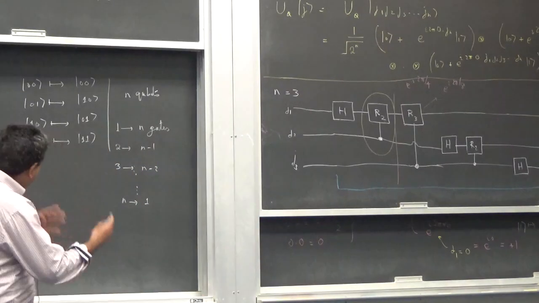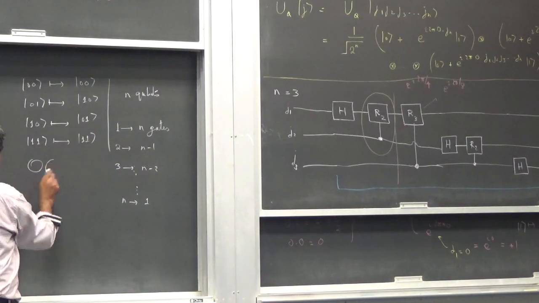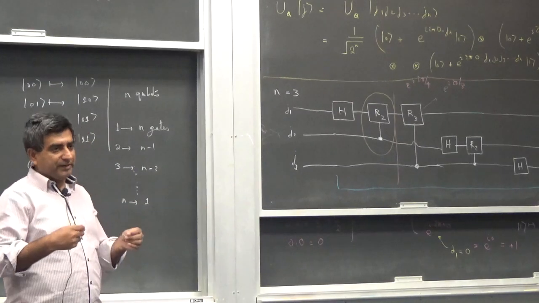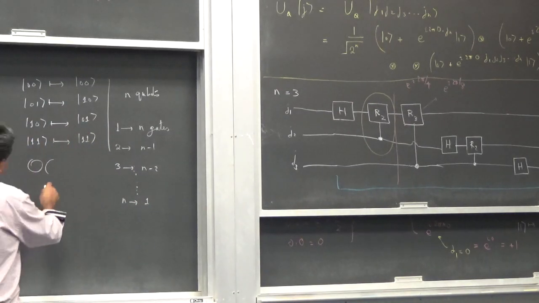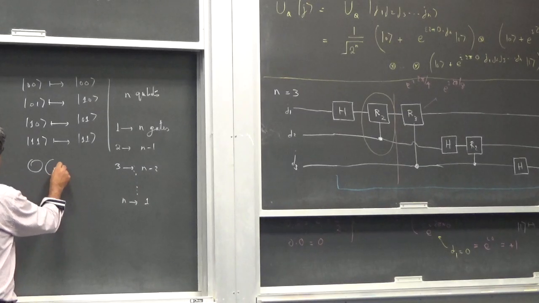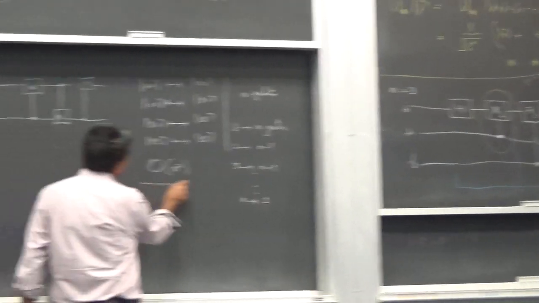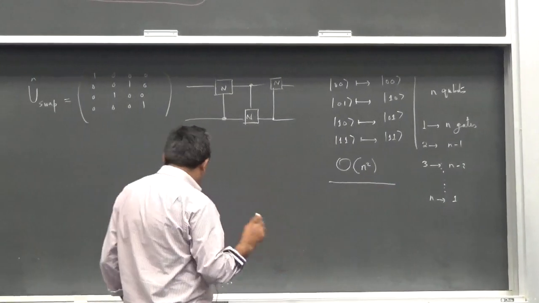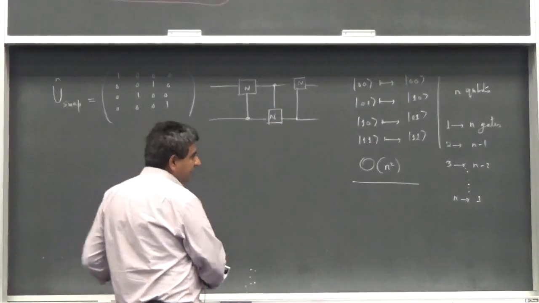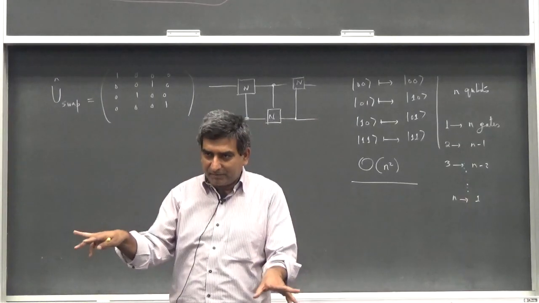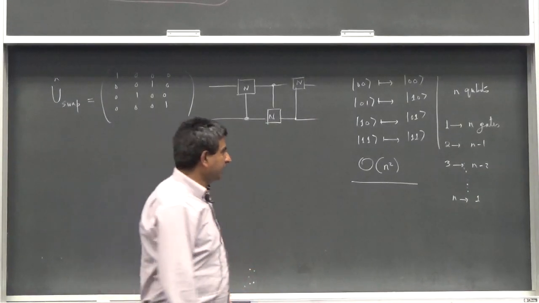So the number of operations that are required to implement a quantum Fourier transform for n qubits is of order n squared. Classical Fourier transforms, if you forget about the FFT for a minute, the fast Fourier transform, that does some improvement.